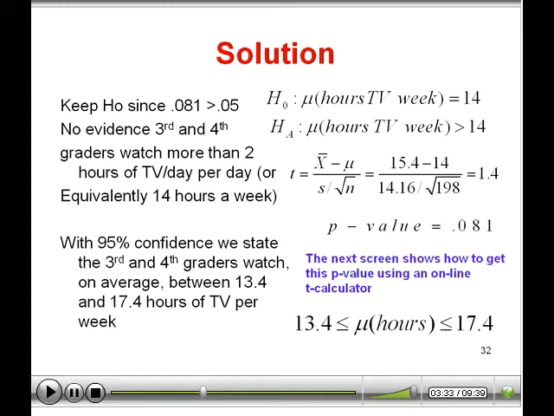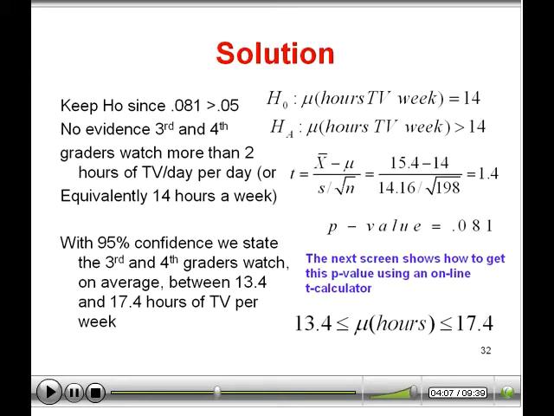When conducting tests of significance involving population means, we do not use the standard normal calculator to determine p-values. This is because the sample mean follows the student t-distribution. When we use the online t-calculator, we find that the area above t equals 1.4 is 0.81.